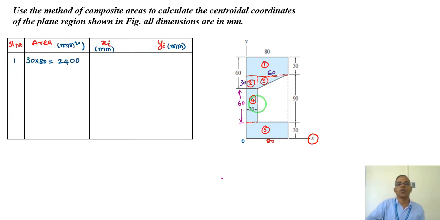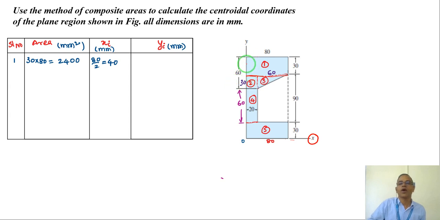Let us say area 1, 80 into 30, 2400 millimeter square area. Now x bar, xi, that means the centroid for this simple rectangle along the x-axis, the reference is the y-axis. So half of this dimension, 80 by 2, so 40.